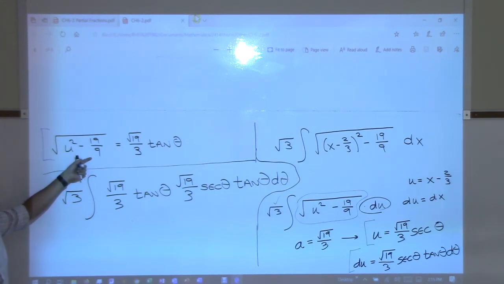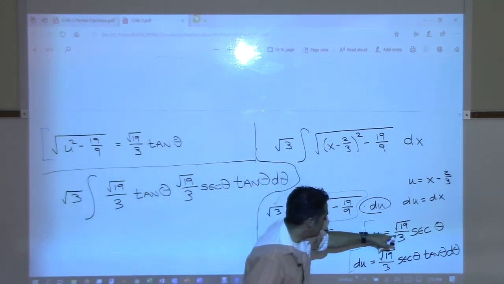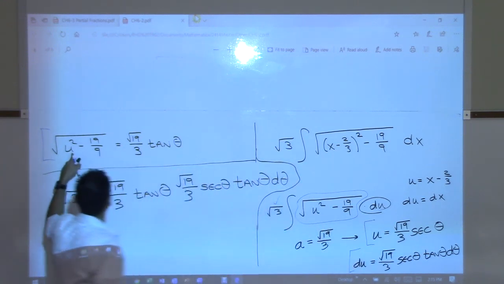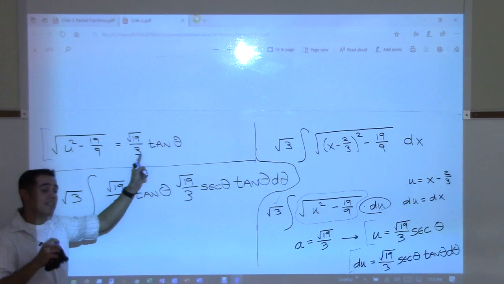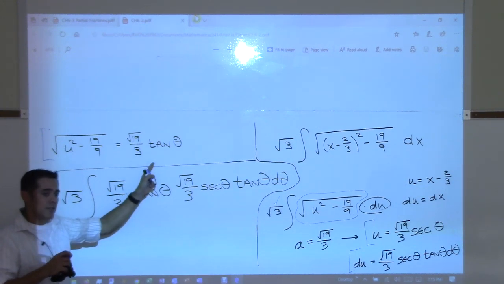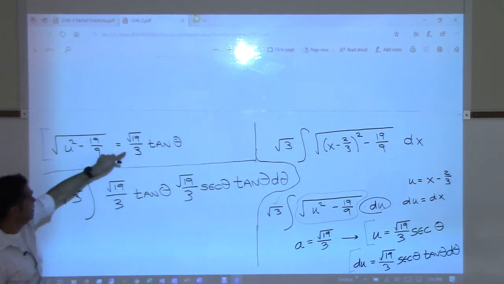Yeah, with the substitution. If you put that thing back in here, like if you plugged in root 19 over 3 secant theta right here, you would go through and you get a Pythagorean identity, and eventually you turn into this. I suggest you memorize it. We'll run through them again after I finish this problem, the things I think you should memorize. But this is what we get, okay?